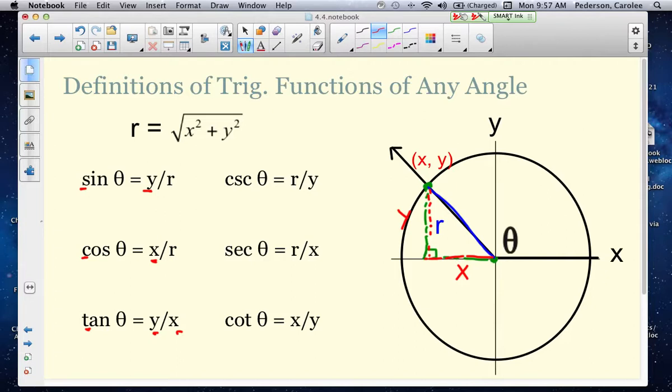And again, this is from the Pythagorean theorem. X squared plus y squared equals r squared is the equation for a circle. And this is just in r equals, they just solved it already.